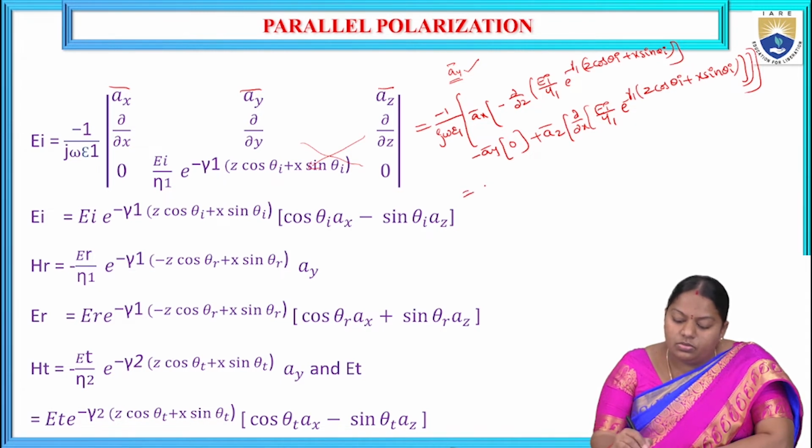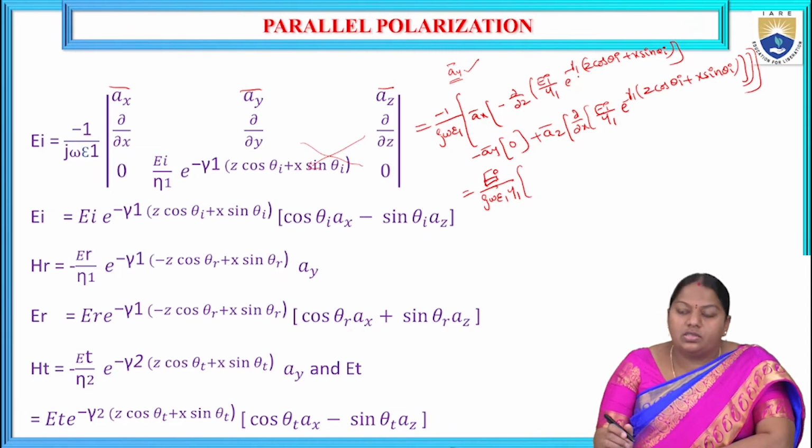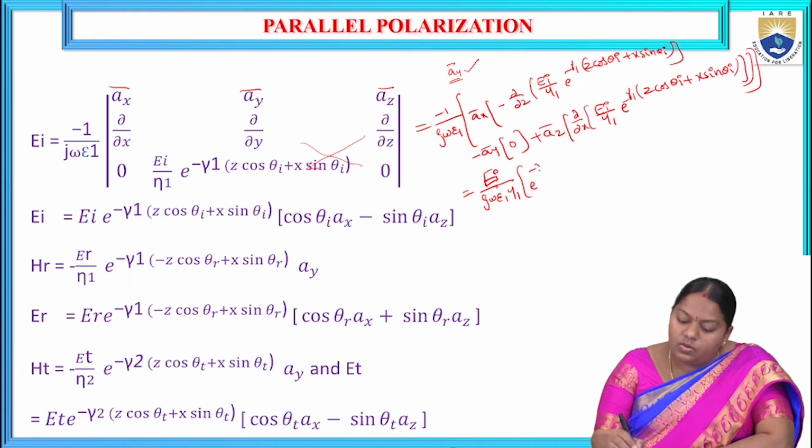Which is equal to 1 by j omega epsilon 1, and Ei by eta 1 is also common. If you multiply this negative inside, first Ei by j omega epsilon 1 into eta 1 into, for the first, dou by dou z of this function, e power x becomes e power x, that is e power minus gamma 1 (z cos theta I plus x sin theta I).